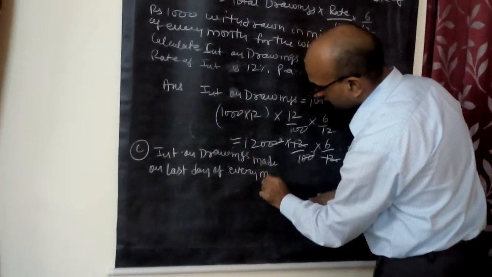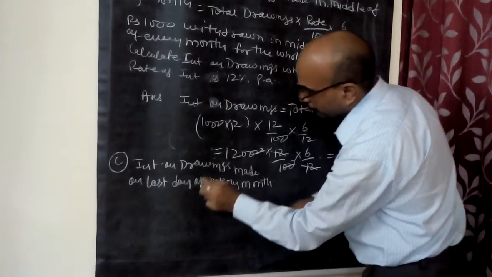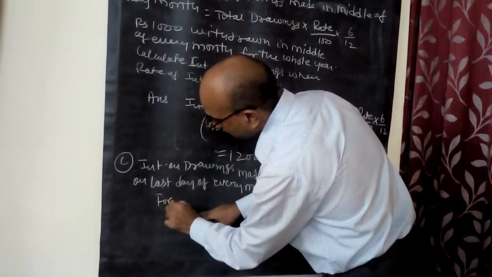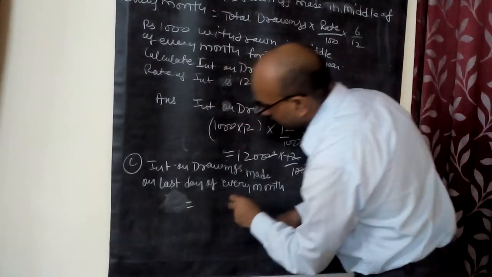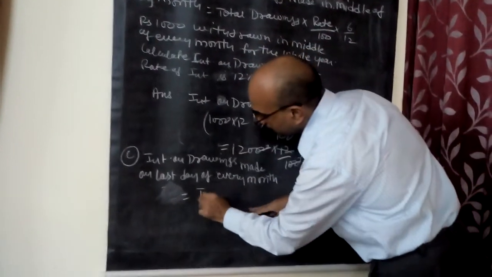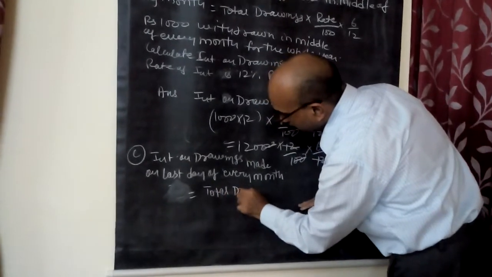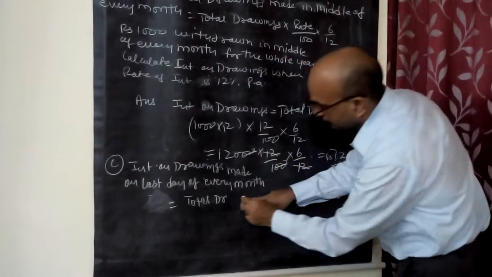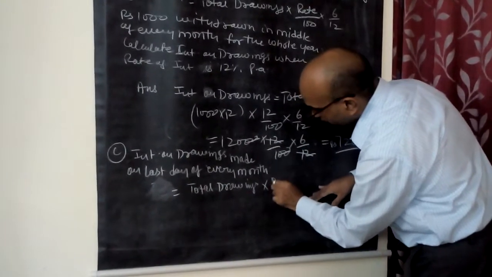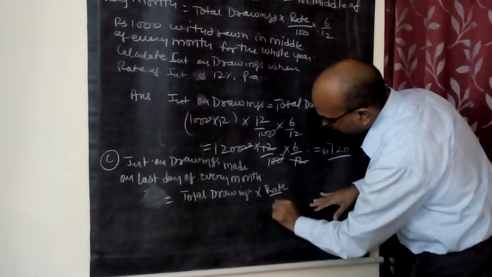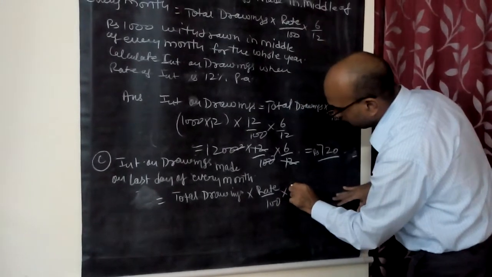The formula is total drawings into rate upon 100 into n minus 1 by 2 into 12.